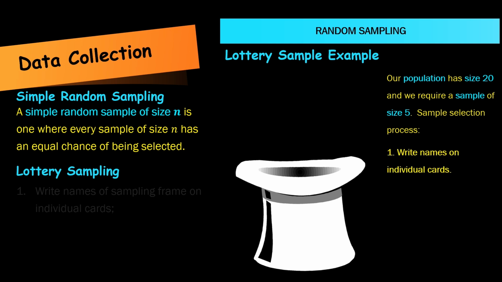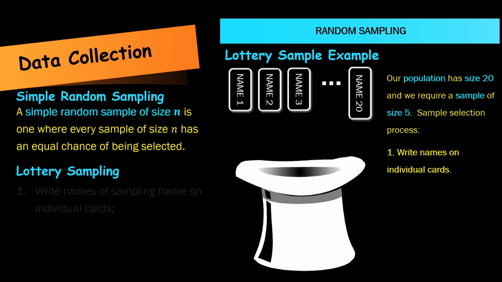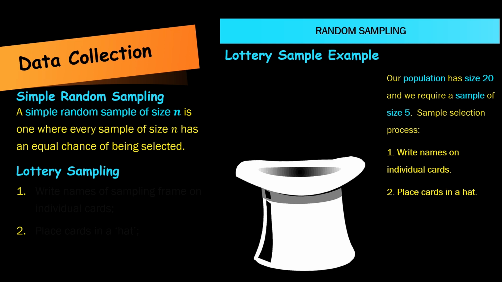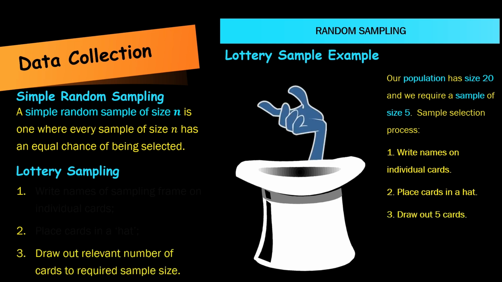First, write the names on individual cards, as shown. Then, place the cards in some kind of hat or container, as shown. And then, draw out the relevant number of cards to the required sample size.